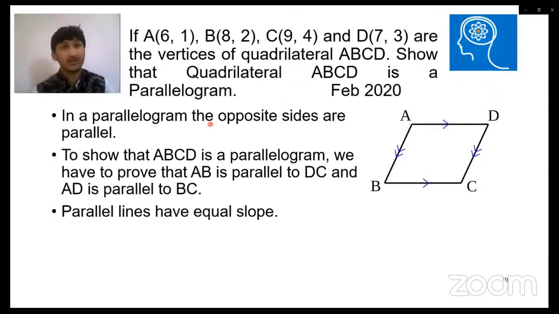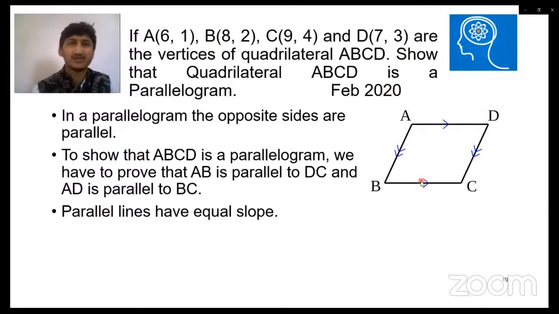तर सगळ्यात पहिले आपण पॅरलेलोग्रामची प्रॉपर्टी बघू. काय? That in a parallelogram the opposite sides are parallel. So if we draw this parallelogram, आपल्याला काय मिळेल? AB will be parallel to DC and AD will be parallel to BC.